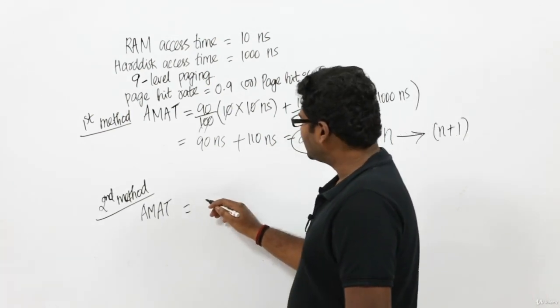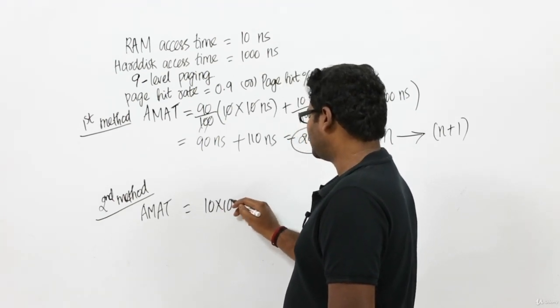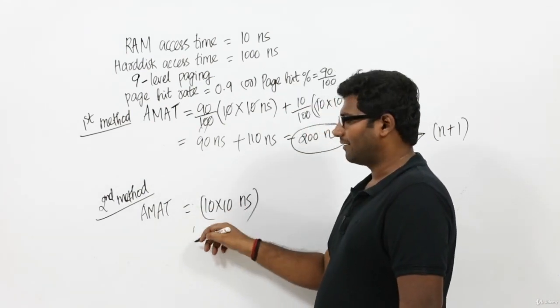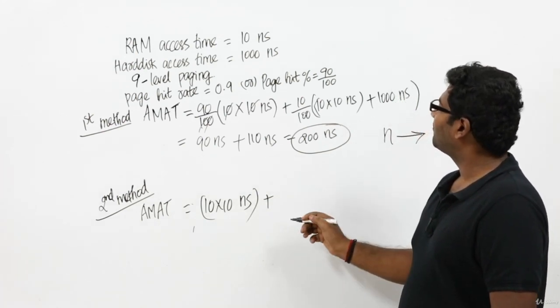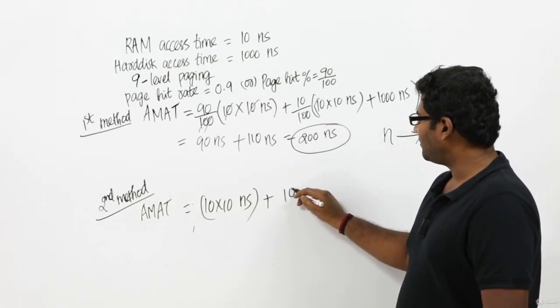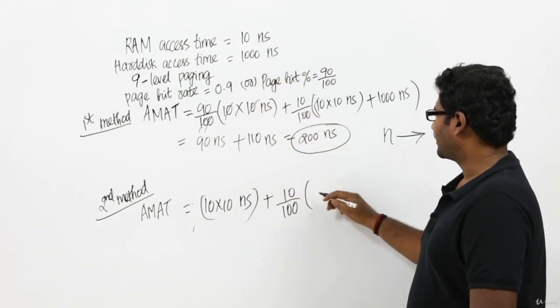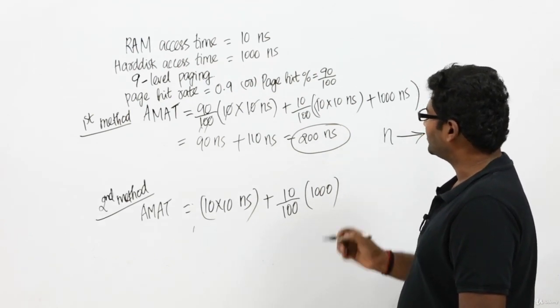So 10 into 10 nanoseconds. In case you want, you can also write 100 by 100, I'm not writing it. Now, in case of page fault, which means 10% of the times, I need an additional 1000 nanoseconds.